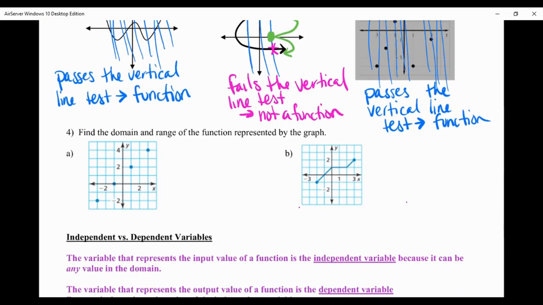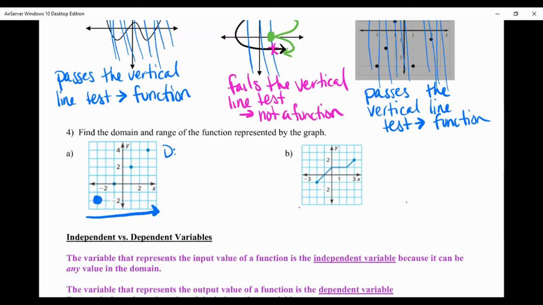Okay, so given these 2 graphs, we want to find the domain and the range of the function. So the domain of A, again, scan from left to right, and determine the x value of each of those points.